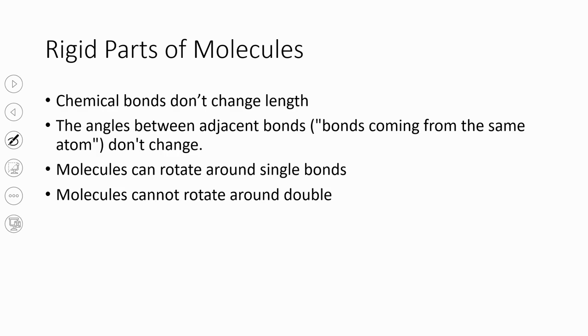But if I look up here, because there's a double bond between these adjacent carbons, these two hydrogens are not going to change distances, okay? So anytime there's a double bond, that's going to lock in your molecule, okay? There's parts of the molecule that can rotate around a single bond, and parts that cannot rotate around a double bond, okay?